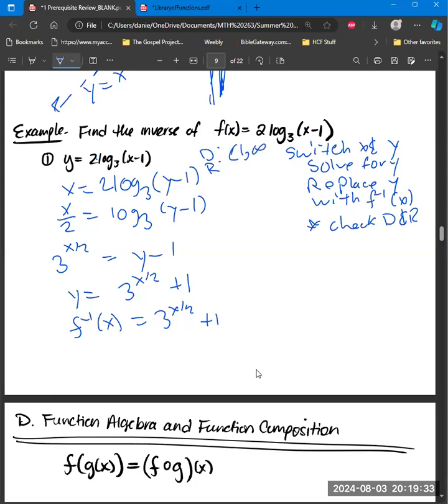This is 1 to infinity, and this is negative infinity to infinity. My domain of my inverse function should be, yep, x is allowed to be anything. And my range of my inverse function is that y has to be greater than 1 because I have that as my horizontal asymptote. So 1 to infinity, and they definitely did switch places.